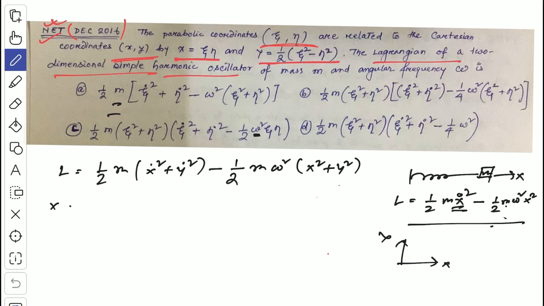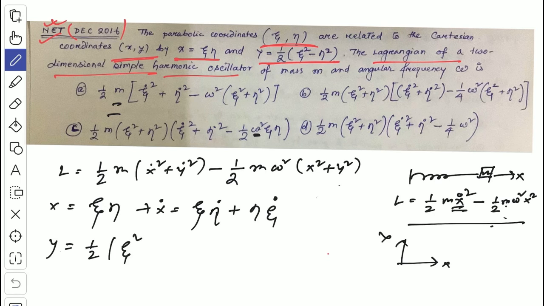Here you see we have x equal to xi eta. So x dot will be xi eta dot plus eta xi dot. y is equal to half of xi square minus eta square.